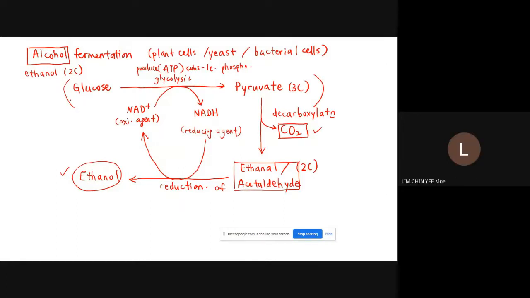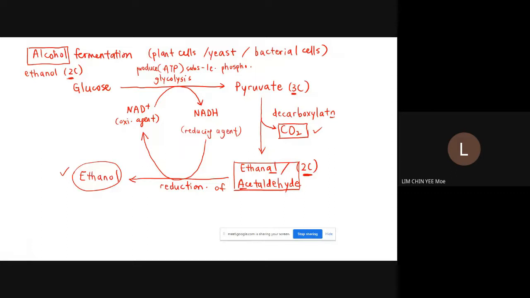But then, if you look at the product, ethanol is 2 carbon, but pyruvate is 3 carbon. That's why you can expect decarboxylation berlaku. From pyruvate, which is 3 carbon, it will undergo decarboxylation to become 2 carbon. Tapi sebelum dia boleh jadi ethanol, dia akan jadi satu intermediate dulu, which is acetaldehyde.